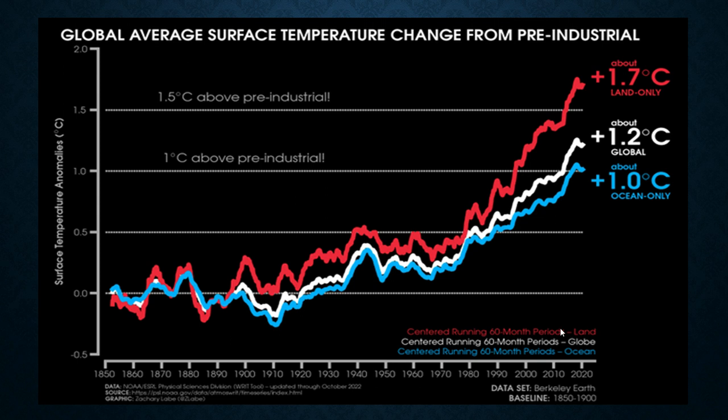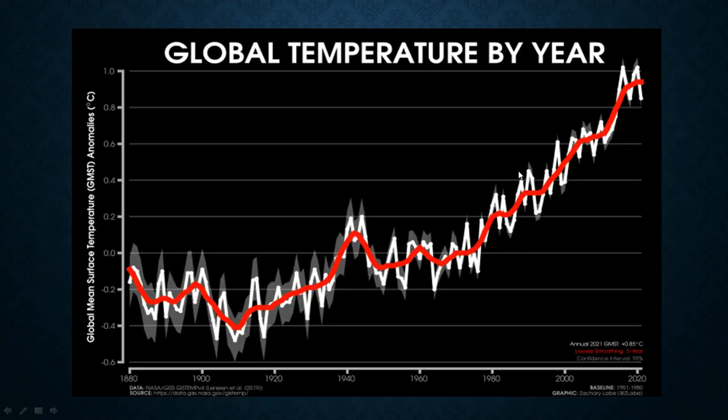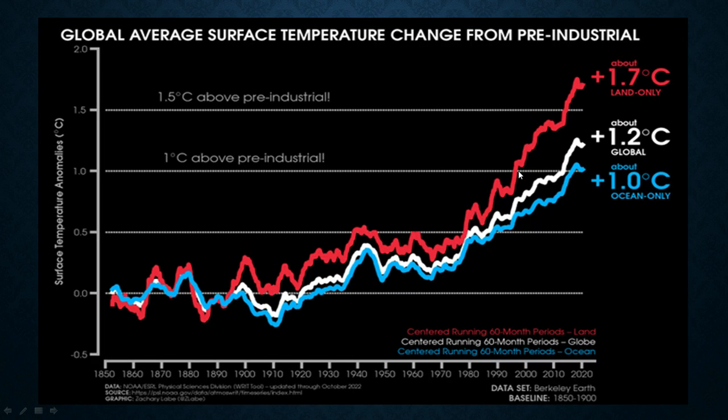And here we have an interesting baseline. We have a baseline of 1850 to 1900. And they tease it apart. So the blue represents the ocean, the white is the global overall, and this red is land.